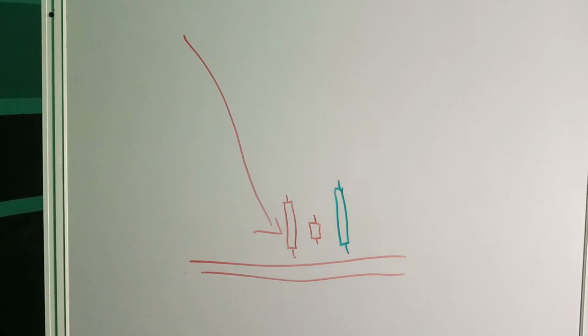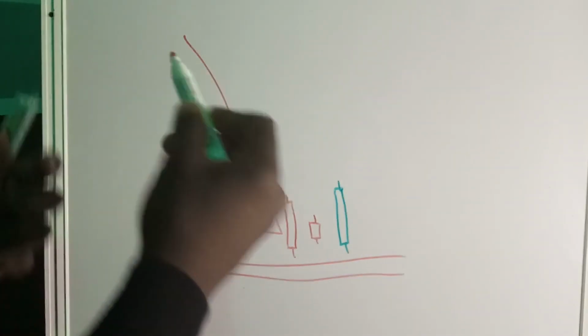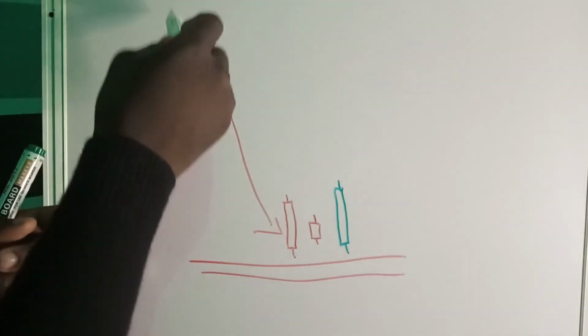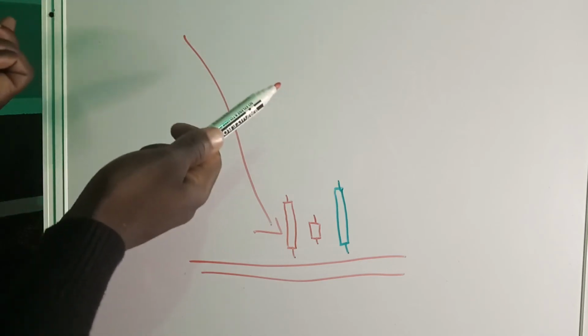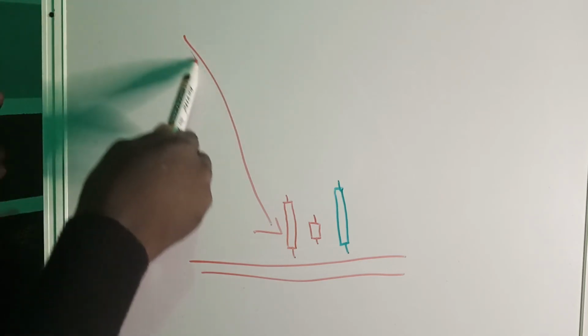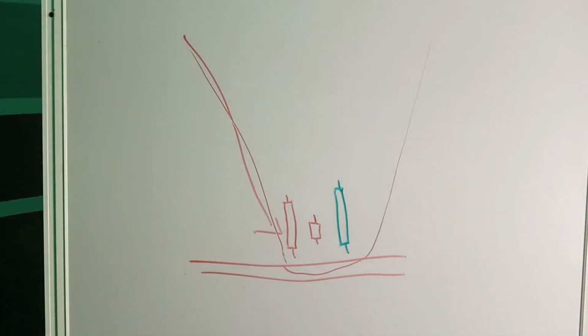Like in the morning, the sun rises. This is why it's called the morning star, because let's say it's late in the night, the sun goes down, then in the morning it rises. This is why we call it the morning star.